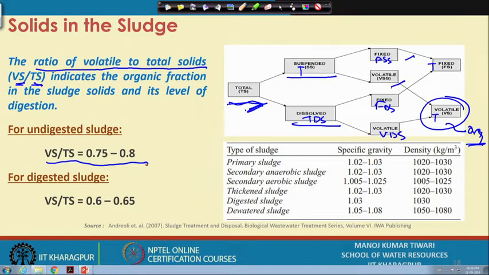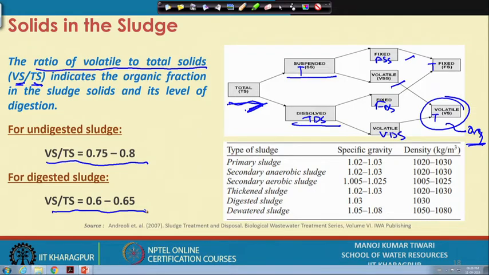That means the majority is still intact organic matter. But for digested sludge we get a lesser ratio, because some of the organic matter through digestion has been mineralized, converted to mineral. So, there is a loss of volatile solids from the total solids, and as a result the ratio of volatile solids to total solids decreases for digested sludge.